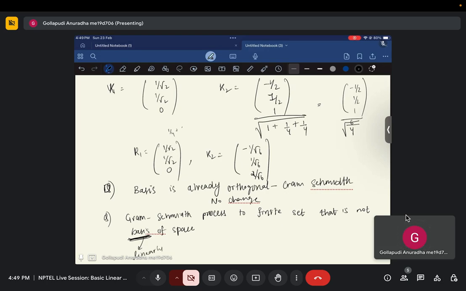Linearly dependent, yes, that is one possible case. If you are doing the Gram-Schmidt process to linearly dependent vectors, which vectors are you going to get? What can you hope for? Here you will be getting a zero vector.